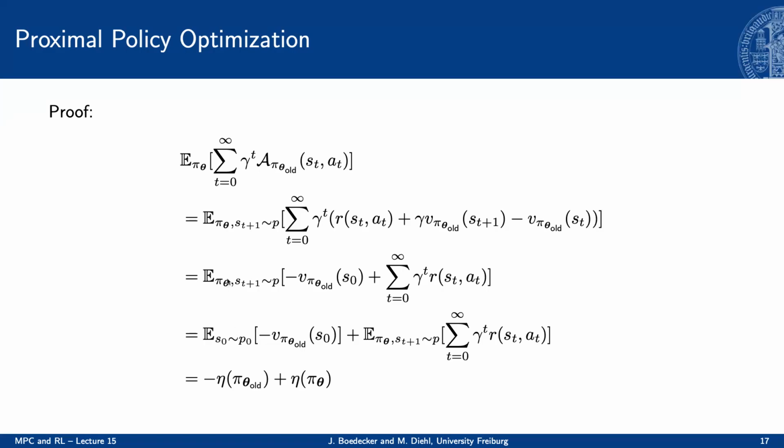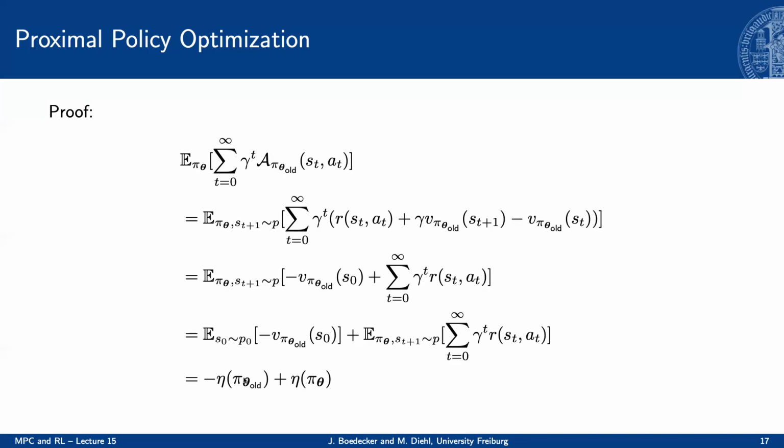So we don't need to deal with any transitions anymore here, but here we do, right? And these are basically just the definitions: the expectations of these state values for S0, and also the expectation of the long-term reward or the return, the discounted return. These are the definitions of our objective functions as we defined them.